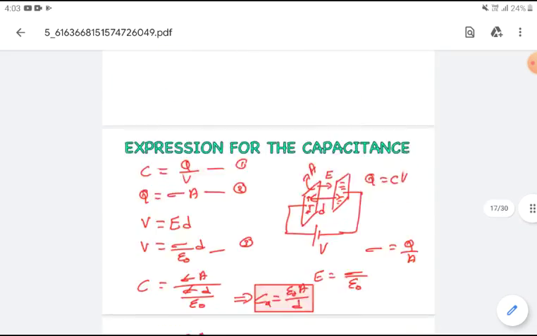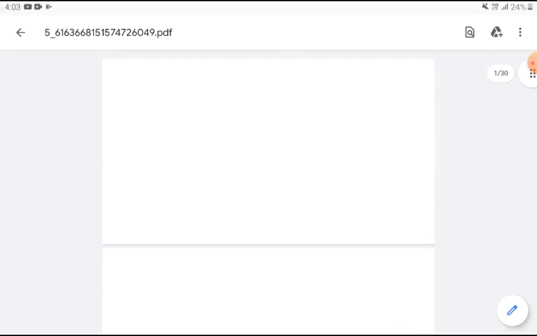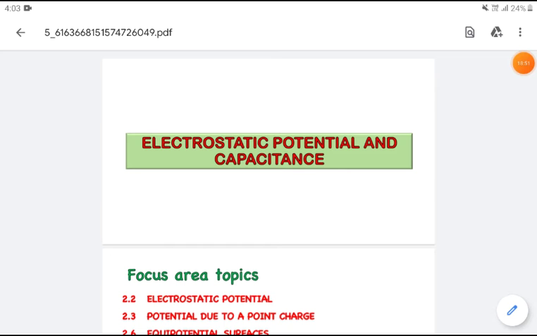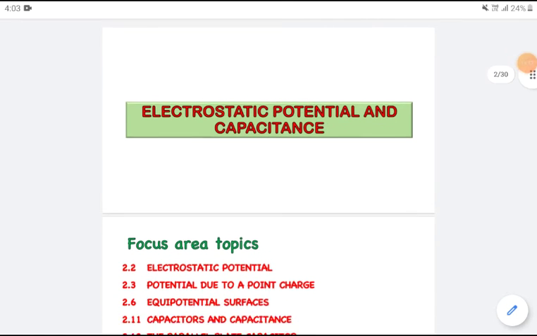We have completed almost 30 pages of electrostatic potential and capacitance.